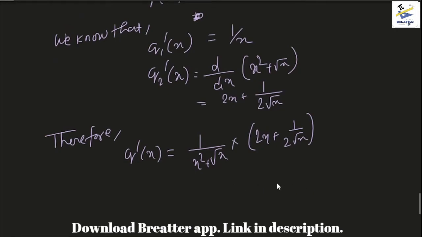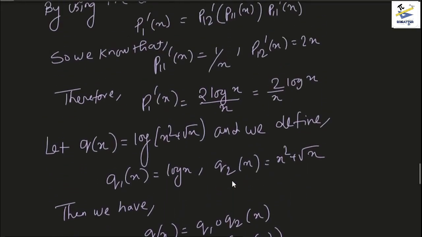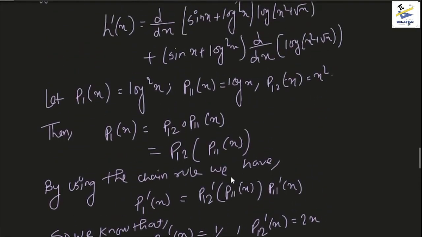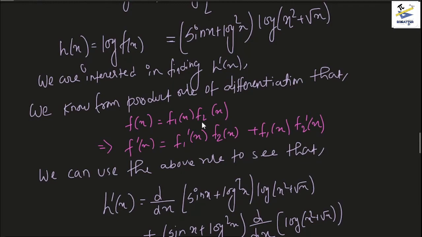Once we simplify this, what we get is something like this: 4x to the power 3 by 2 plus 1 by 2 root x whole into x square plus root x. This is the derivative for q x. So once we have completed our q x and our p1 x, we can find out the derivative for h prime x now, which is not really that hard. So what we can do is this.